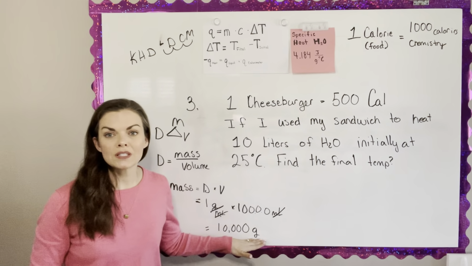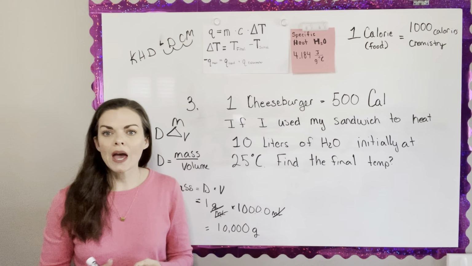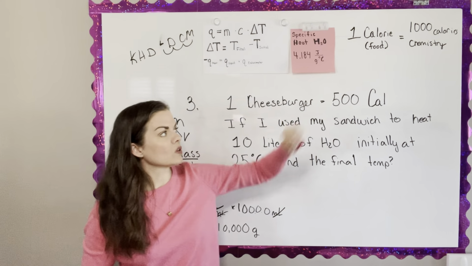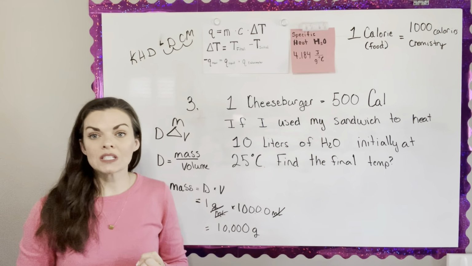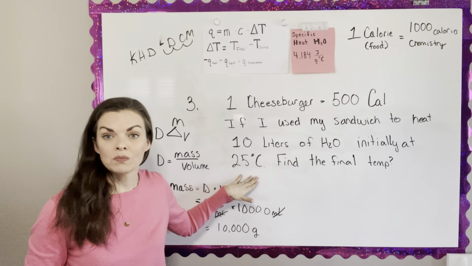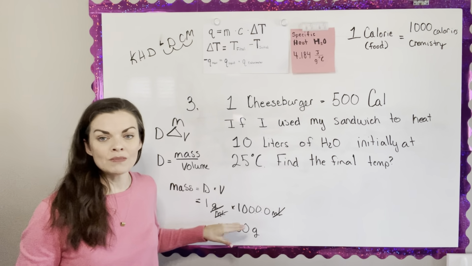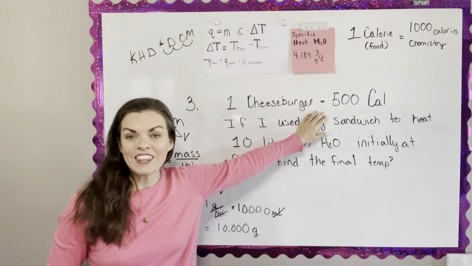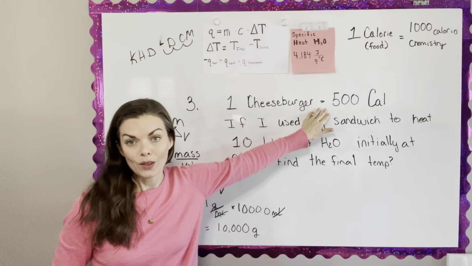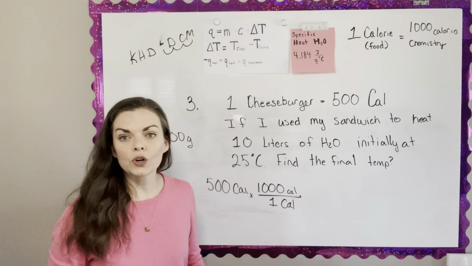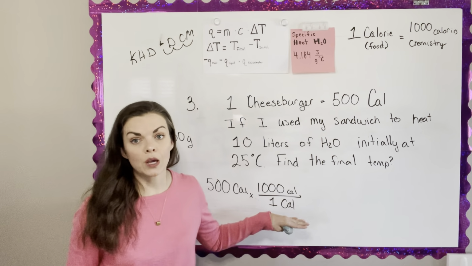Now I have this in grams and I'm dealing with calories, or chemistry calories. It's temperatures in Celsius, which they've already given me the temperature in Celsius. I have grams. So we need to put this in chemistry calories. So now I'm going to convert from food calories to chemistry calories.